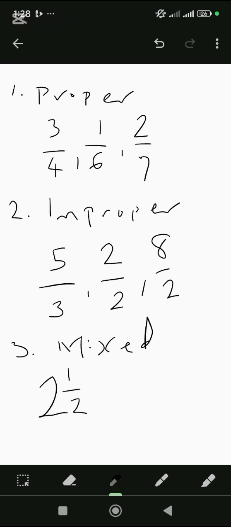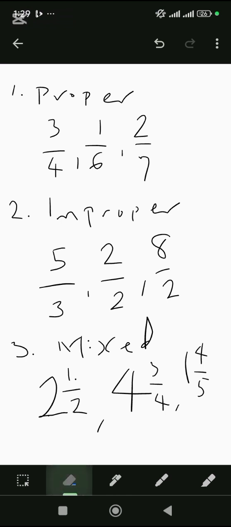This is how you read it: 2 whole number 1 over 2. And we have 4 whole number 3 over 4. We also have 1 whole number 4 over 5. Okay, these are examples of mixed fractions.